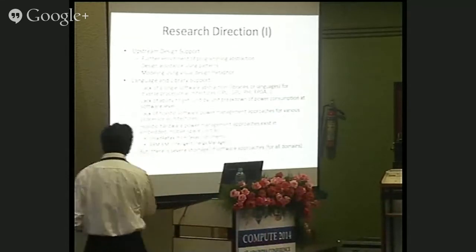We are almost at the end of the tutorial. I will very quickly summarize and tell you what the important research directions are that one could take. We talked about upstream design support, which is very important for writing efficient parallel programs, but also for supporting the end programs.